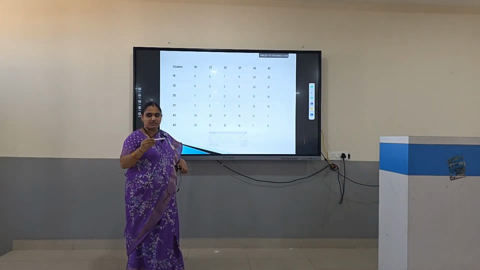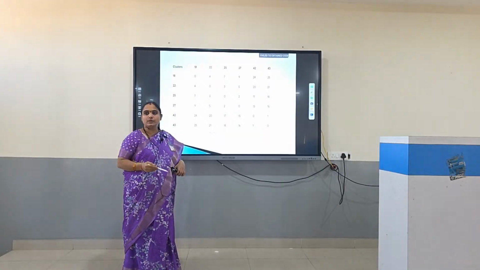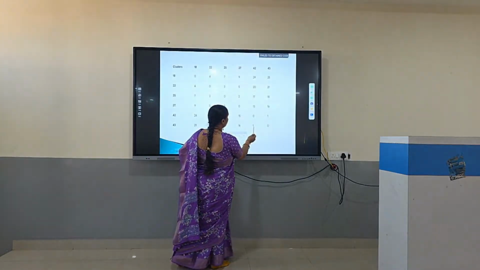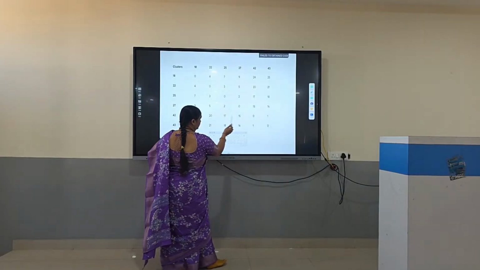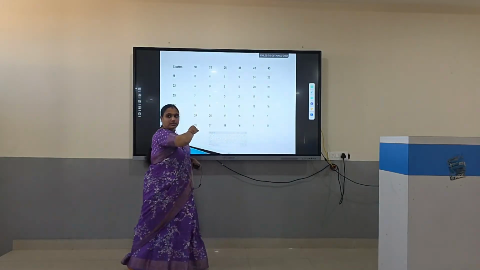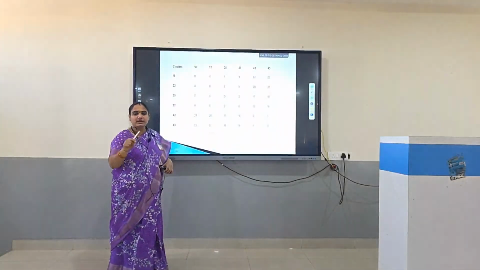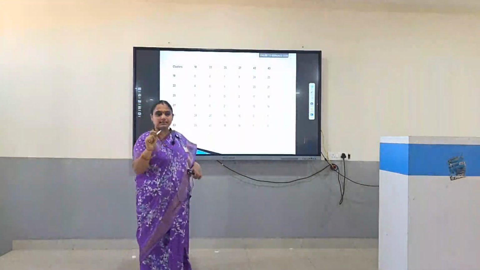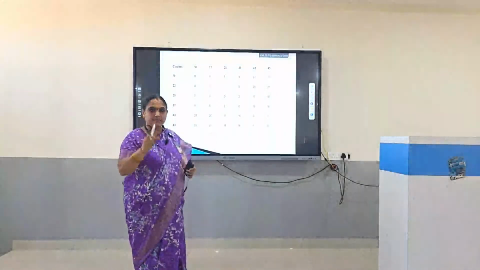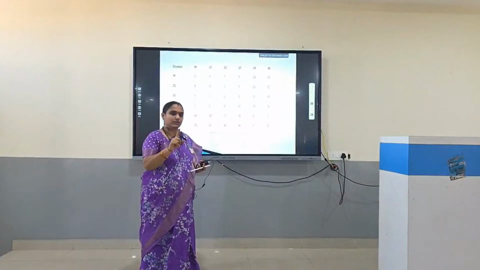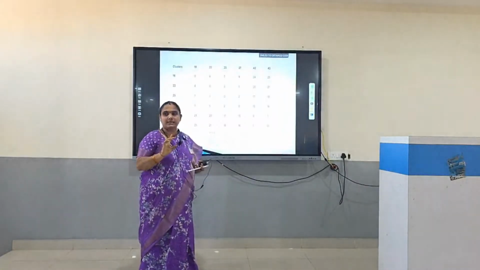You need to start combining those two values. What are the values here? 42 with 43 only. Yes or no? Now what are we doing in hierarchical clustering? We are combining into a single value. We are combining all together into a single cluster.